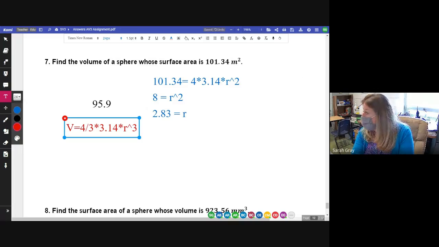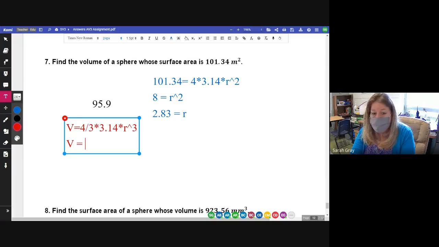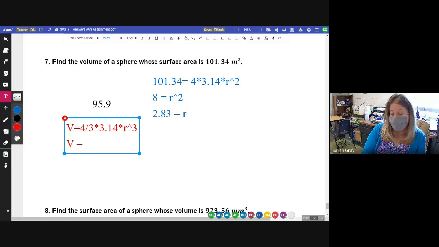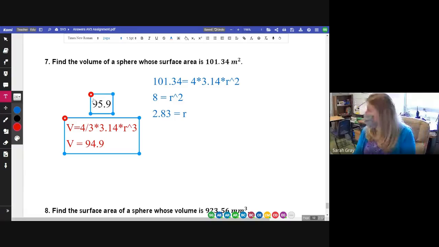And I'm going to put in that 2.83 for r and work that all out. So 2.83 cubed first, then times pi, then times 4, then divided by 3. You could leave the pi off, but I didn't. And this time I got 94.9 instead of 95.9. It's all about the rounding.